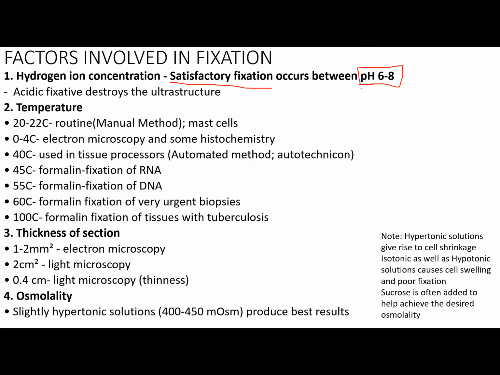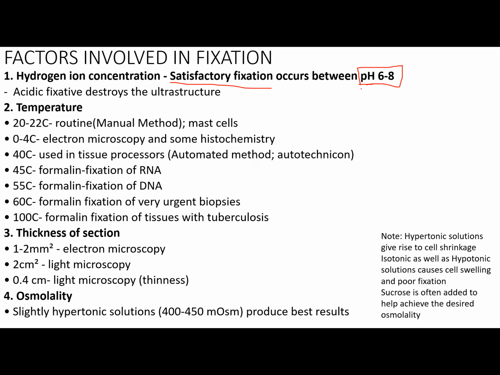If you're going to use the sample for electron microscopy and some histochemistry, 0 to 4 degrees centigrade. If you're going to use it in the automated method, the autotechnicon, the fixative should be set at a temperature of 40 degrees centigrade. So let me repeat, for the manual method of fixation, 20 to 22.